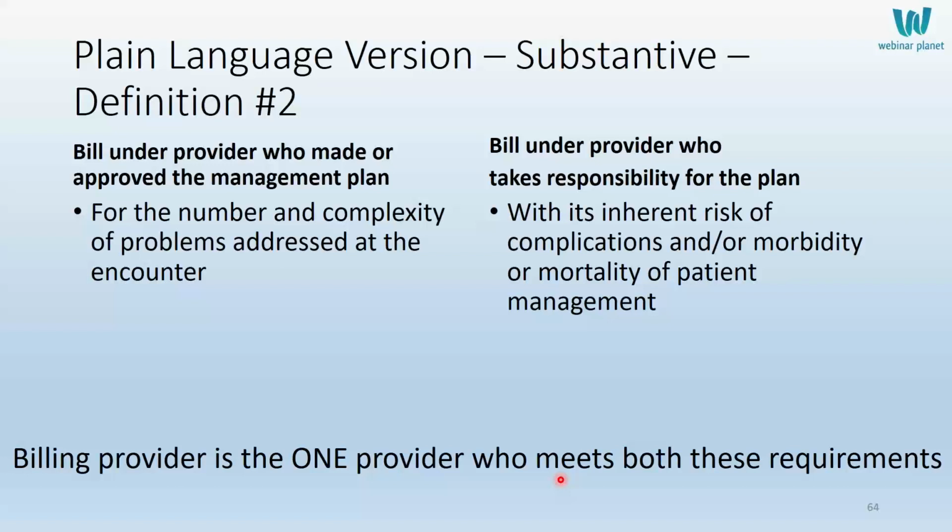For the second definition, we have to have a provider that meets both the requirements of approving the management plan and also taking responsibility for the plan. And so the provider who meets both of those requirements is the one that would be the billing entity.